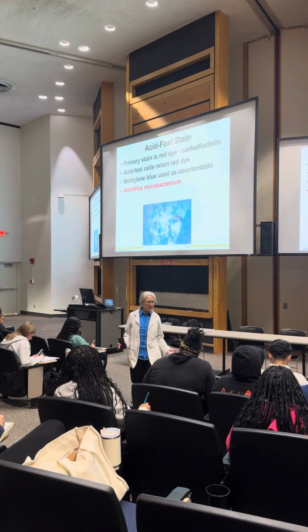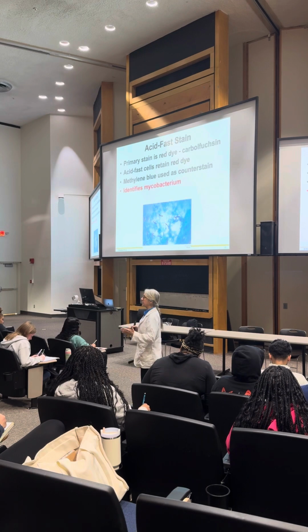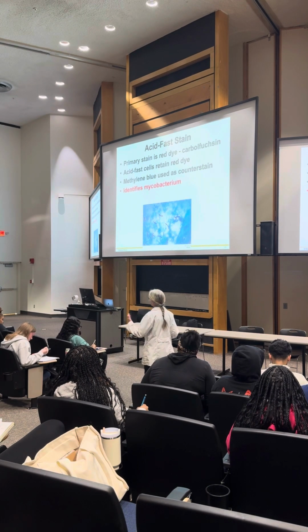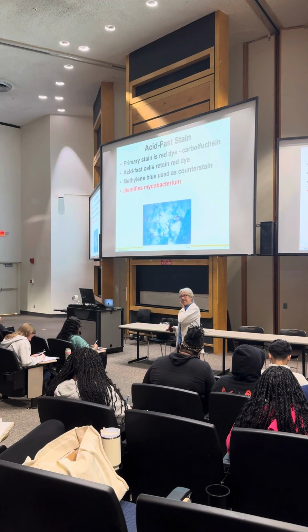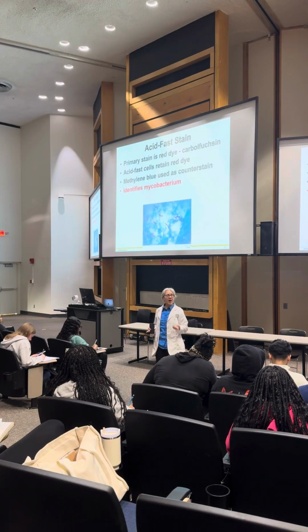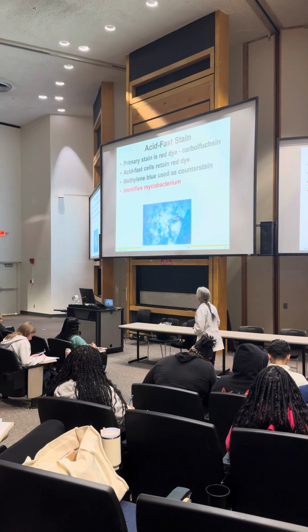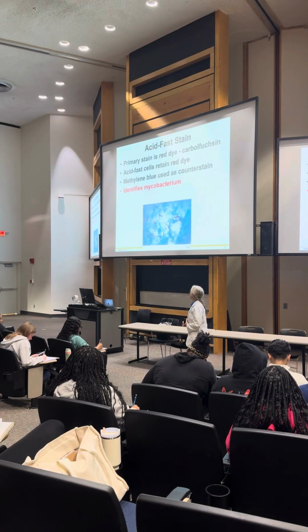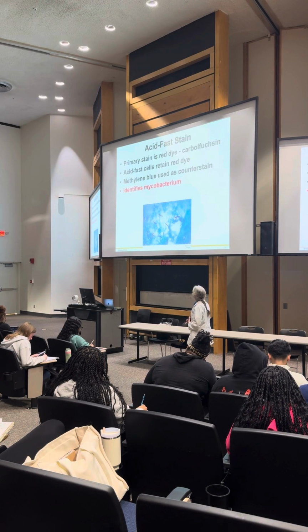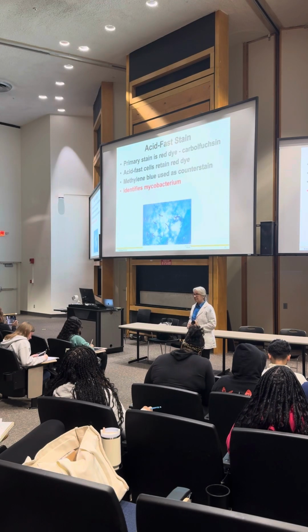Because gram stains stain peptidoglycan. That's in a cell wall. If I have no cell wall, I can't use the gram stain on it, okay? So mycobacterium have to be identified using a different kind of stain, this acid-fast stain. And we can see them in the picture against the blue background. They stand out pretty good. You can see them pretty good.